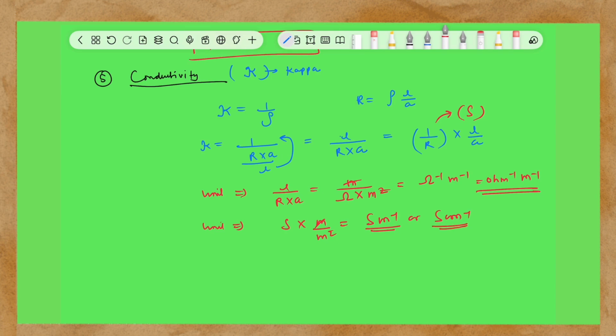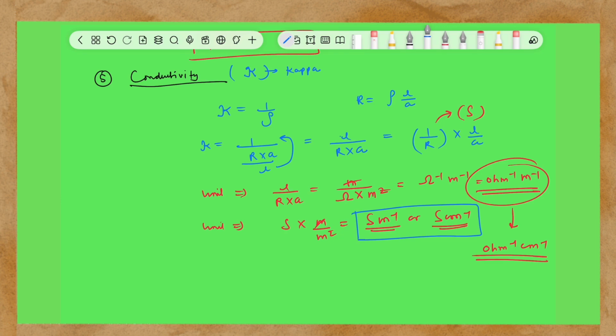This can also be changed to per ohm per centimeter. This is very important, generally we will use conductivity in this unit, that is Siemens per meter.